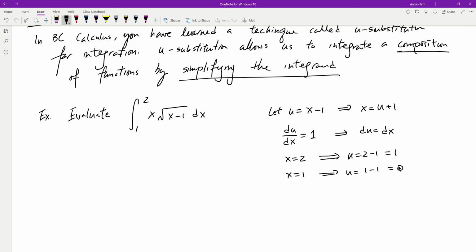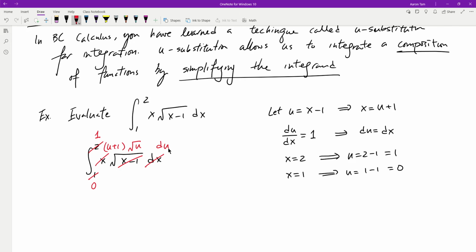So now I have everything I need to change my integral. Here's my integral. The 2 will change into 1, the 1 will change into 0, the x will change into u plus 1, the radical x minus 1 becomes radical u, and dx becomes du.